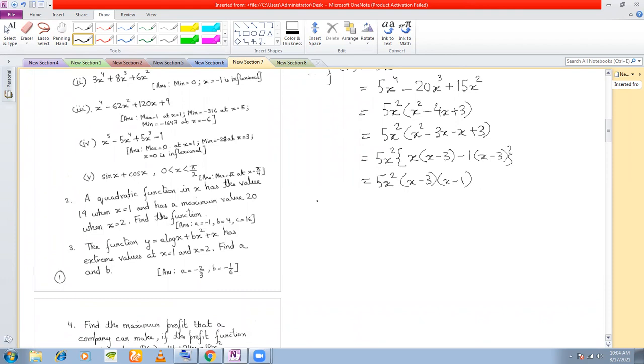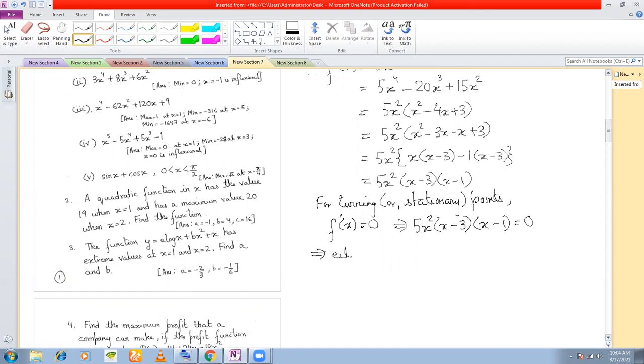So for turning or stationary points, the first derivative must vanish. Means either you have x is equal to 0, or you can have x is equal to 3, or you can have x is equal to 1.